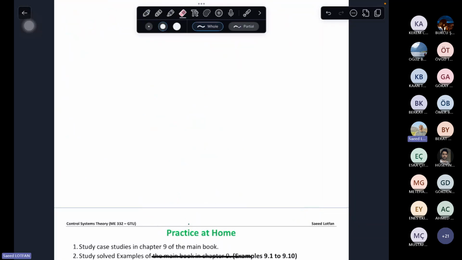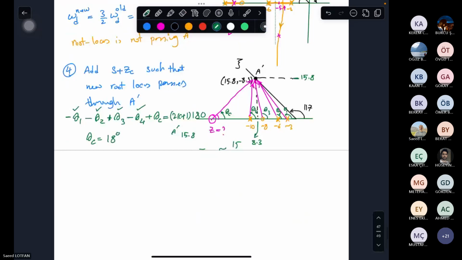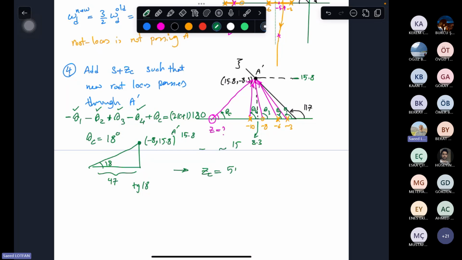Let me explain this here again. So, theta 80 degrees means here is minus 8 and 50.8. So here becomes 47 from tangent of 18. And this means that ZC should be about 50.92.